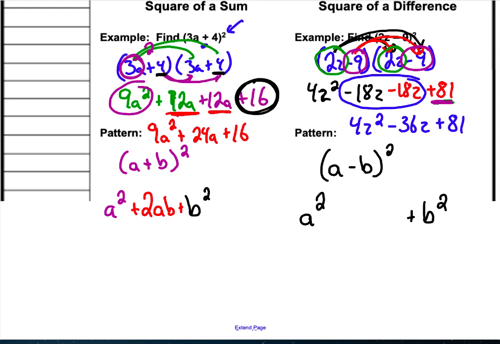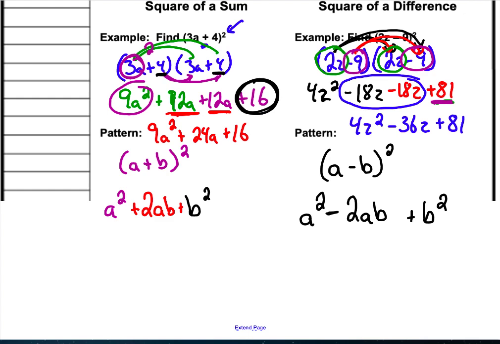In the middle, we're doing a times b, and there's 2 of them, but this time because of that negative in there, that middle term is being subtracted away instead of adding. So we're squaring that first term, we're squaring that last term, we're multiplying the two terms together, and multiplying times 2 because there's going to be 2 of them. We're repeating that middle term.